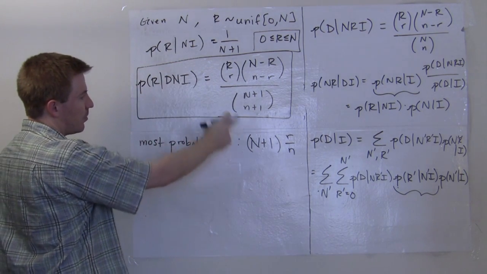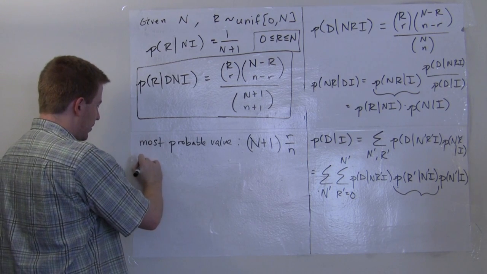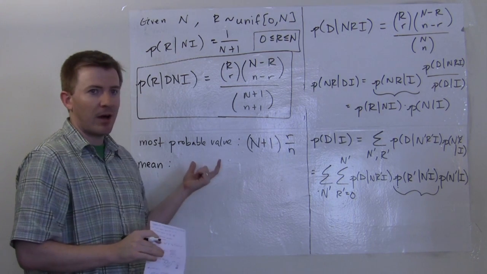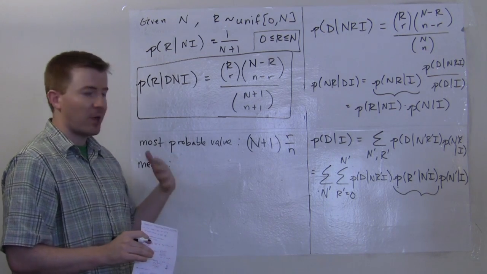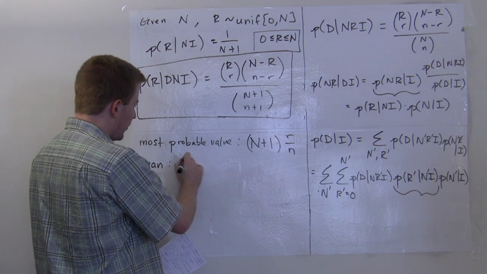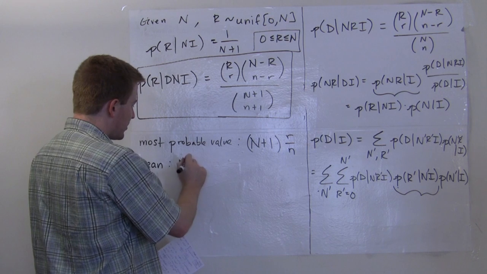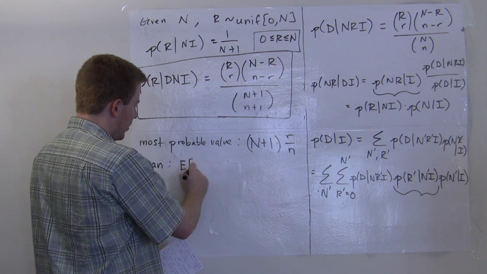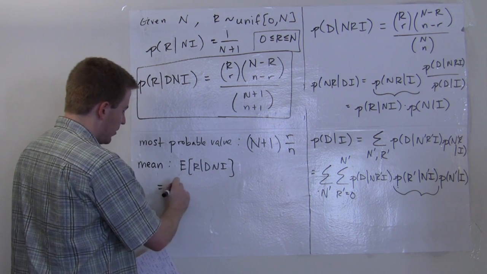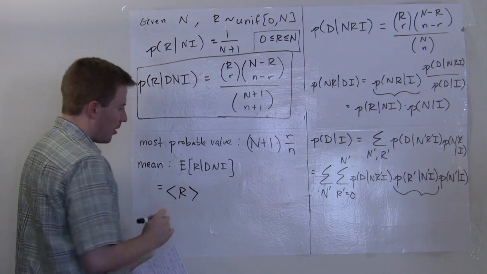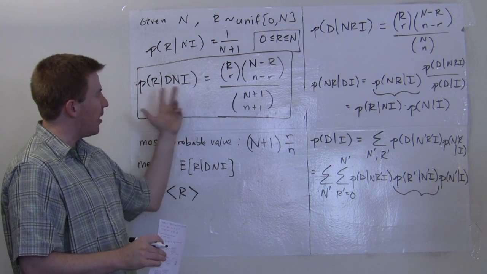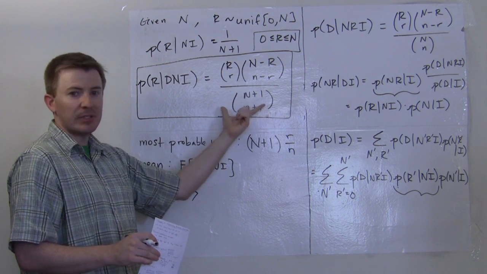Another possible estimator that you could extract from this would be to take the mean. We haven't talked too much in detail about what this means, although we have used it a couple of times. Whenever we talk about the mean, which we can write in expected value notation, capital E of R, over this conditional distribution, or in bracket notation, all we ever mean by that is the weighted average of the values of R, weighted by the probabilities in its distribution.